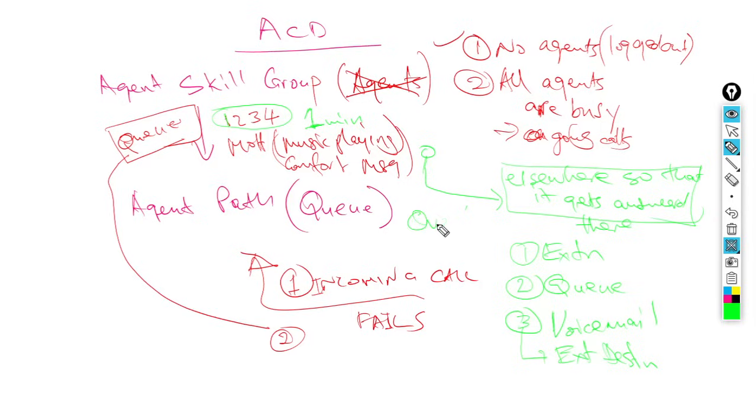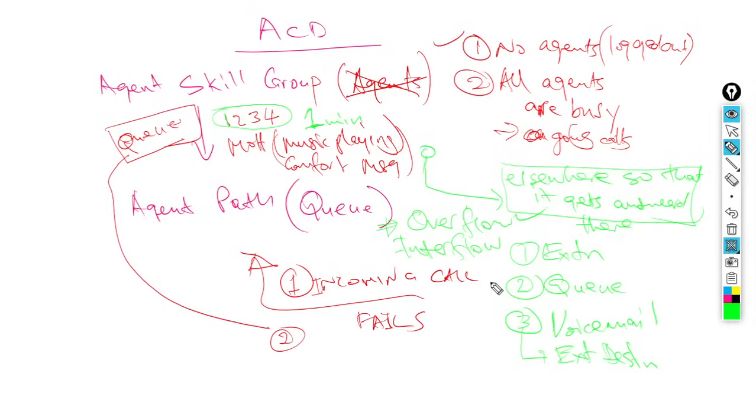We call this overflow, and there is interflow. So overflow is when we send it to a different destination outside of an ACD configuration, which means it's going to an extension or a voicemail or an external destination. We call it an overflow.